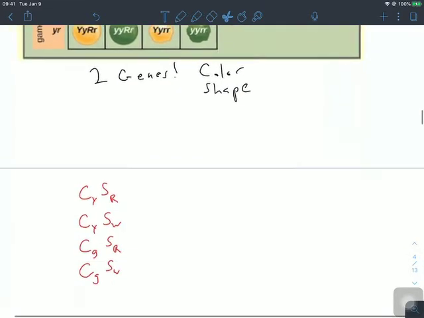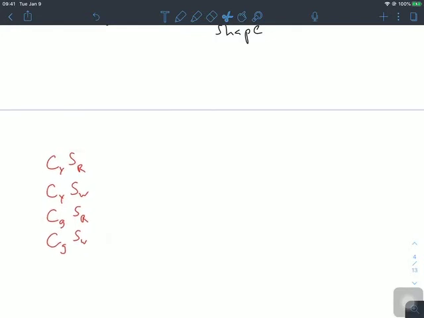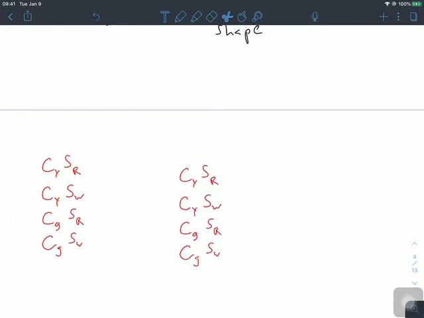Now, in interest of keeping this a little bit quicker, I'm going to copy these. Keep handwriting consistent here. Make my own square.